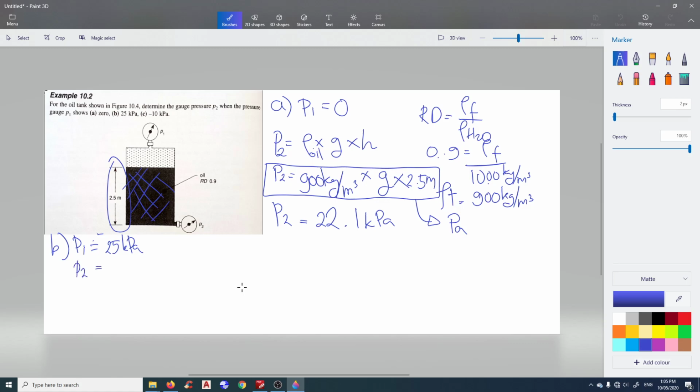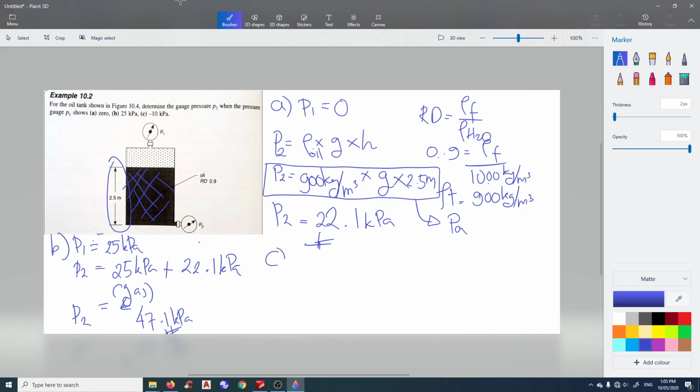So in this case, we know it will be 25 kPa, that will be the gas, plus the pressure exerted by the oil, which was 22.1 kPa. So total P2 now is 47.1 kPa. Okay, so there's a 25 kilopascal extra because the gas is under pressure.